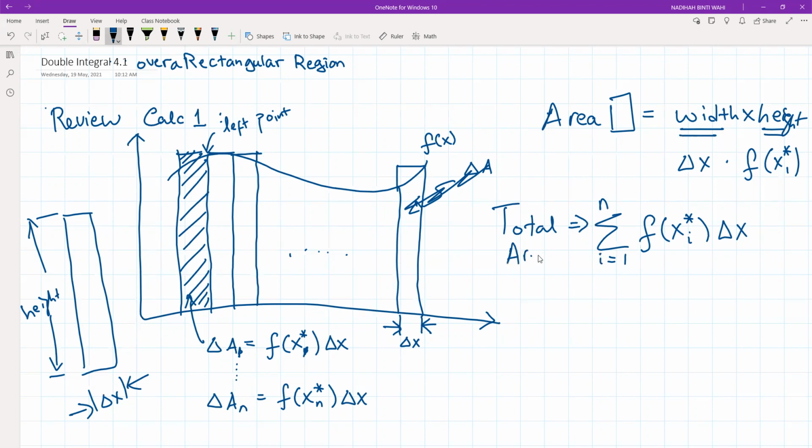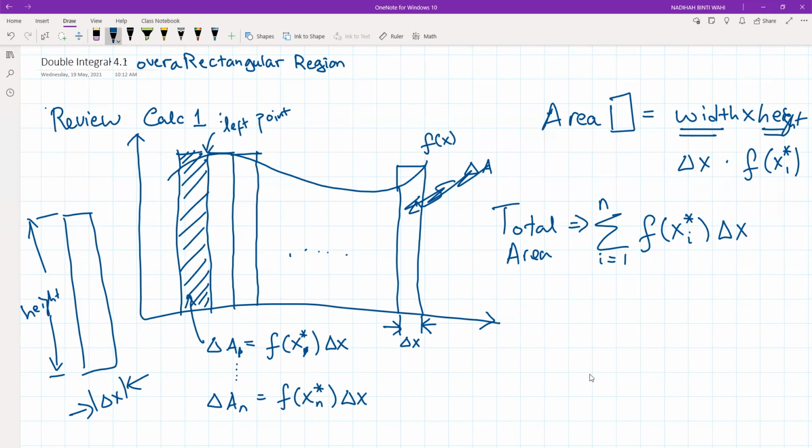Total area. Is this exact? Adakah area ni tepat maksud saya? Is it exactly the area under the curve?